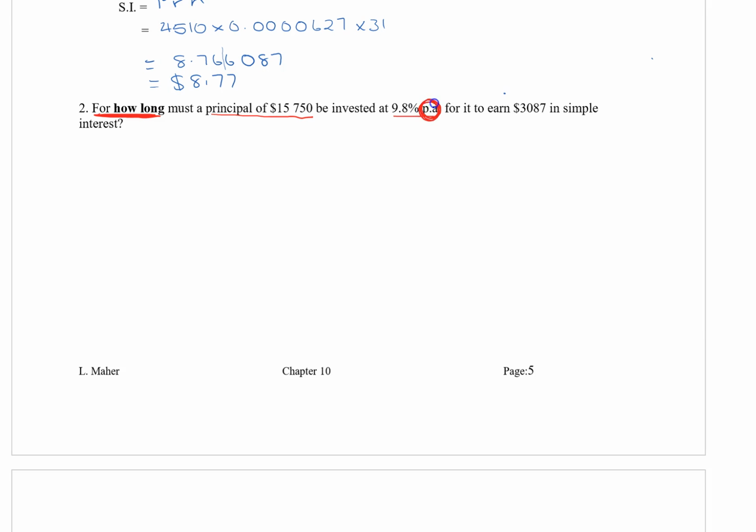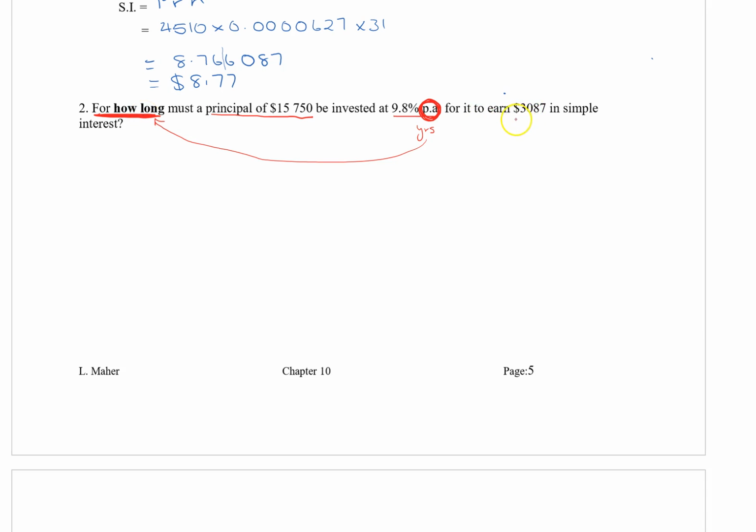No complication there. I do have to remove the percentage sign. Per annum means I'm working in years. Years. That will have an impact on my answer. My answer is going to come out in years, which is pretty nice.